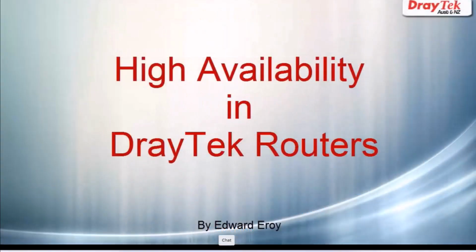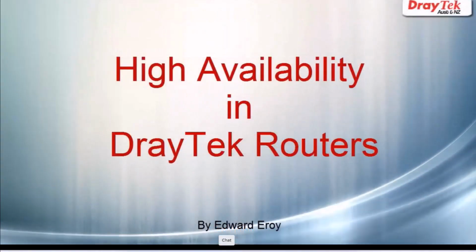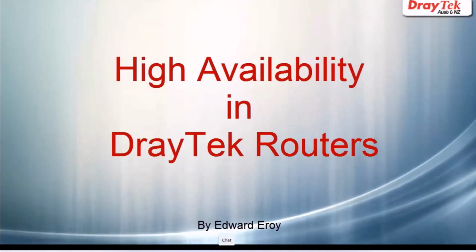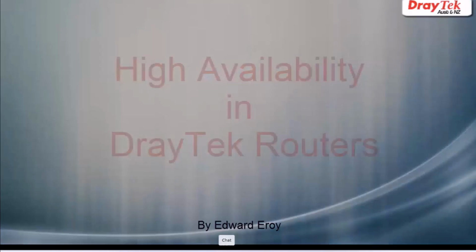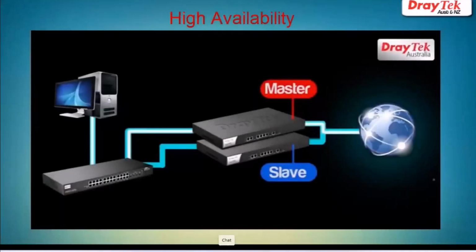Hello everyone, welcome to DrayTek Australia and New Zealand. My name is Edward Roy and this video will cover high availability in DrayTek routers. High availability ensures business continuity of an organization. It is required in mission critical network installations where network services cannot be interrupted due to hardware failure.